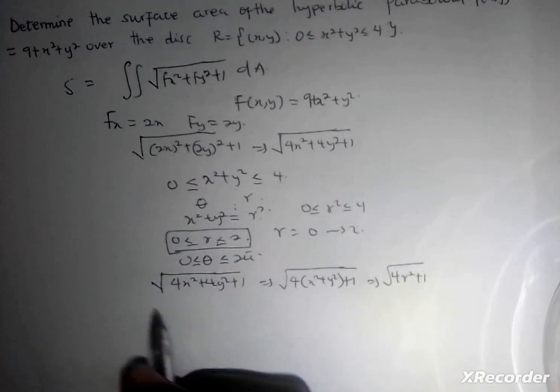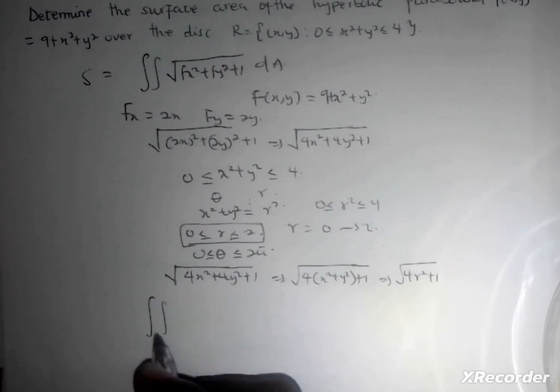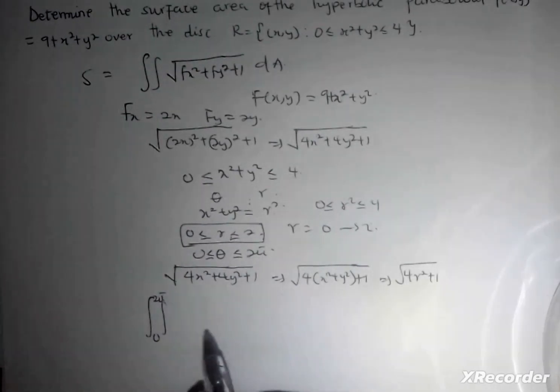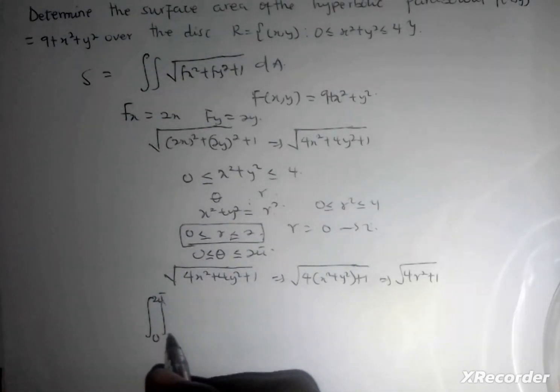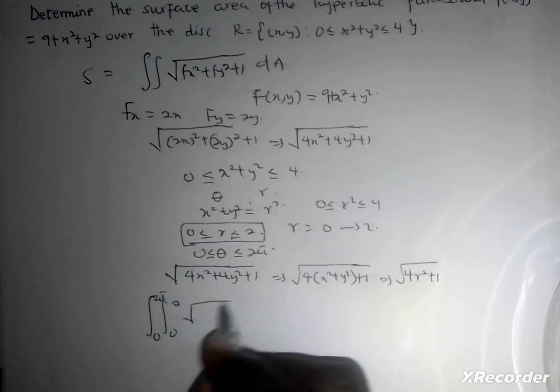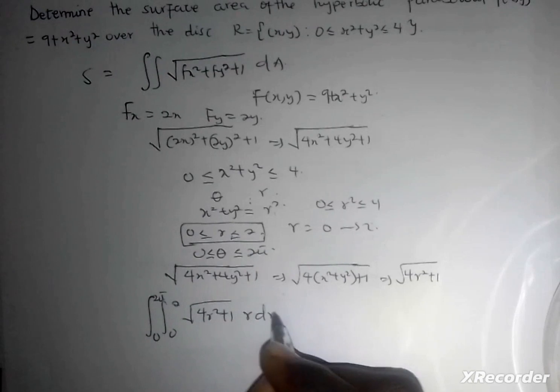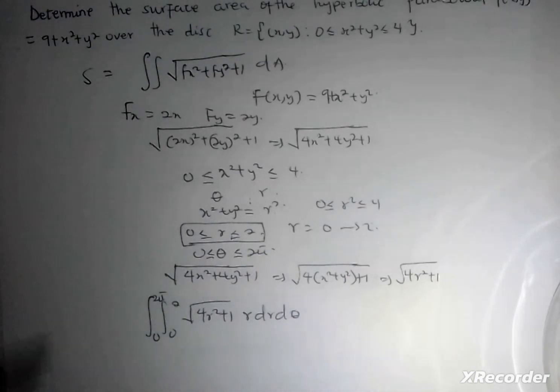Then I bring my integral back. In polar coordinates, we write the double integral from 0 to 2 pi, theta taking the outer and r the inner. So 0 to 2 for r, the square root of 4r squared plus 1, then r dr d theta, since dA is r dr d theta.